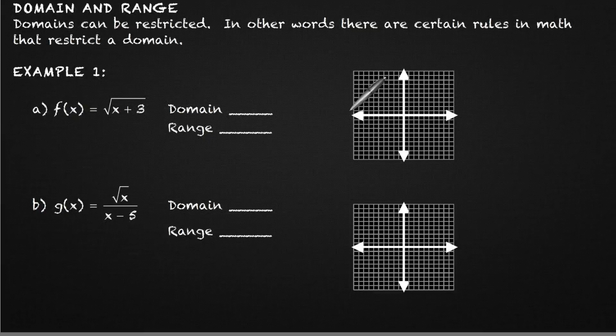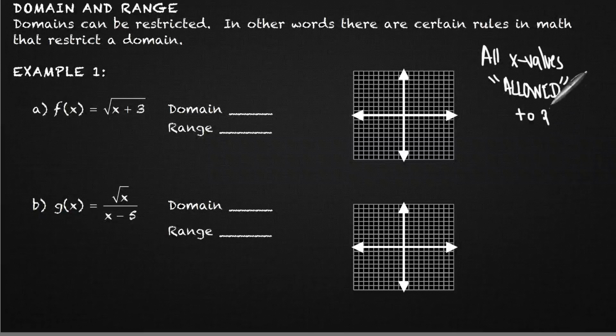Okay, we're going to talk about the domain and range of a function. When we talk about a function's domain, essentially what we're saying is what are all the x values that we are allowed to plug in to a function without violating these 3 rules.